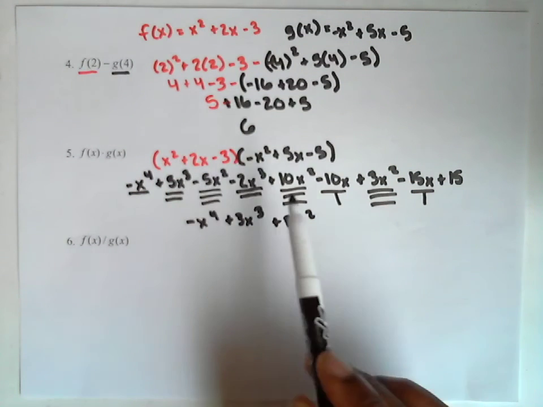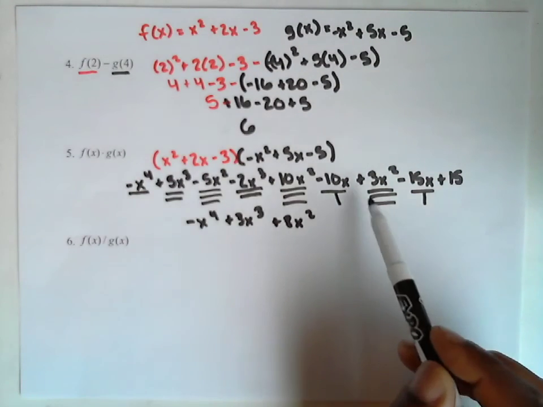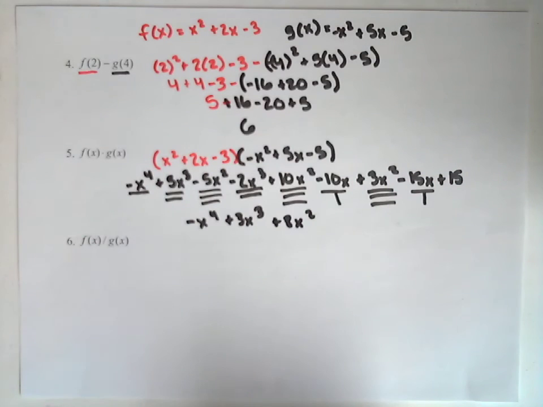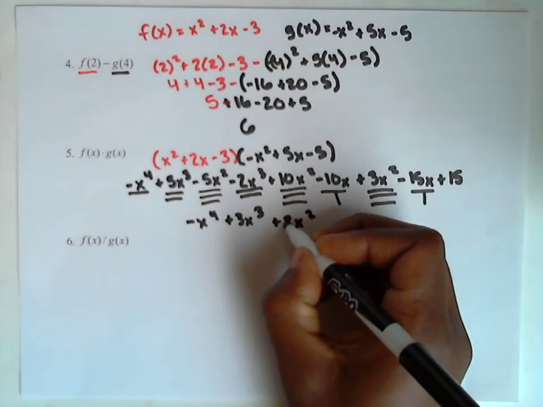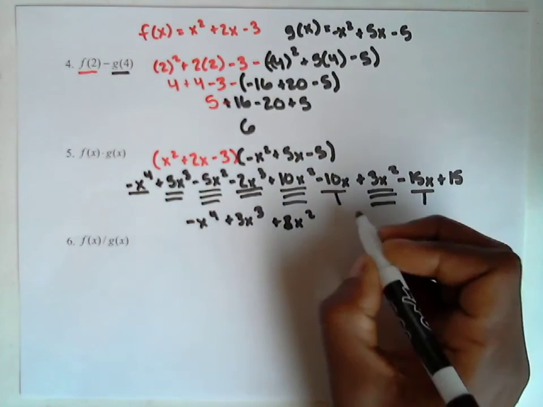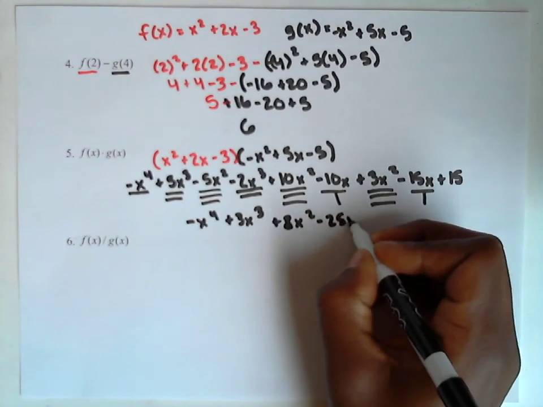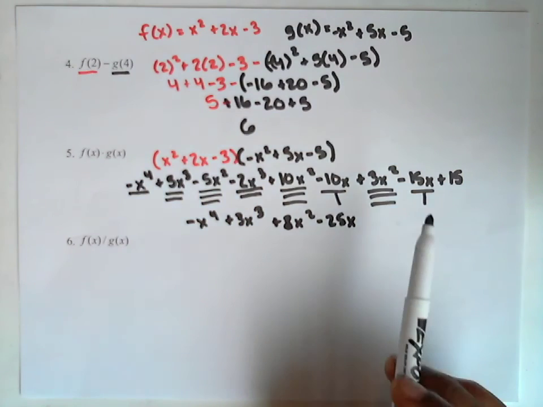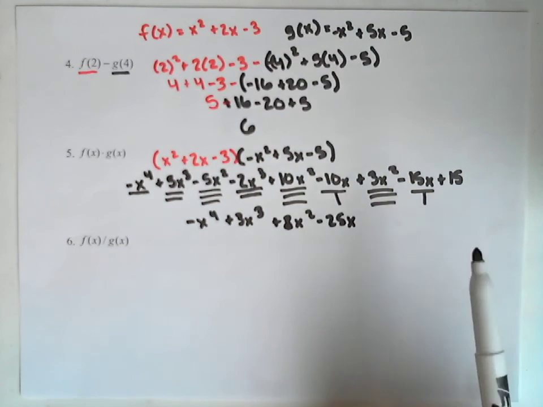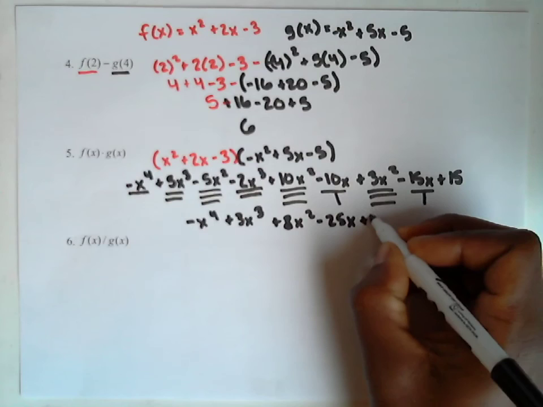That comes from my negative 5x squared, my plus 10x squared, and my plus 3x squared. And then I'm also going to have minus 25x. And that comes from my x values, minus 10x, minus 15x, and then I bring my plus 15 along for the ride.